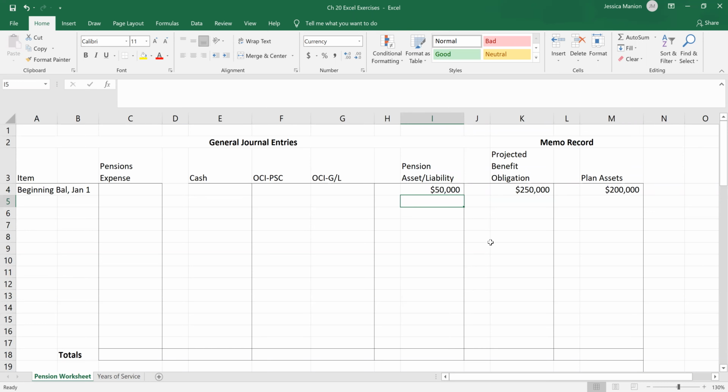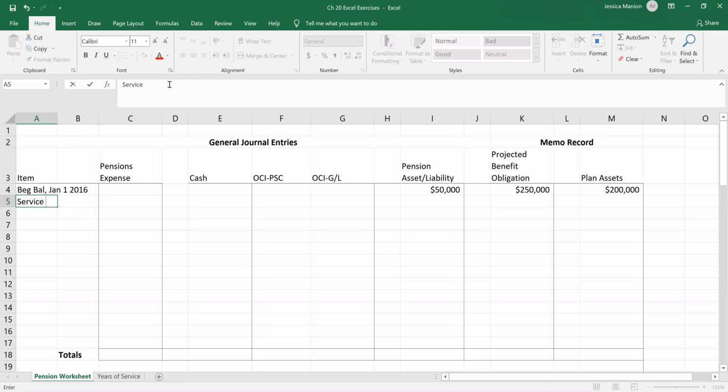And then on the next page, it says other data relating to 3 years operations of the plan are as follows. So this is the beginning balance, January 2016, right? And now for 2016, it tells us we've got annual service cost, and I'm just going to type them in here in the order that it gives it to us.